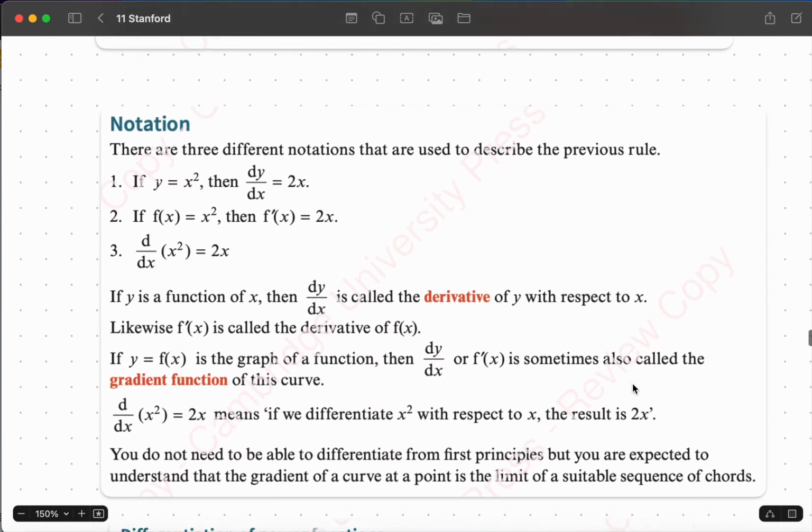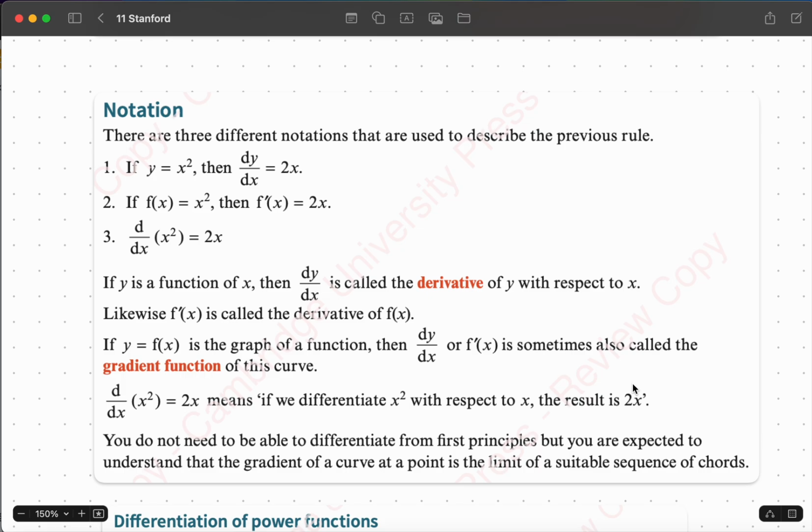Okay guys, now we're going to learn about the notation of the derivative, of differentiation itself. There are three different notations used to describe the previous rule. If we have y equal to x squared, just like the curve we had before, then we show the derivative as dy over dx. This is the first notation of the derivative.